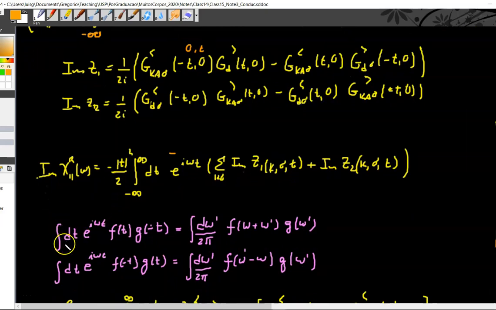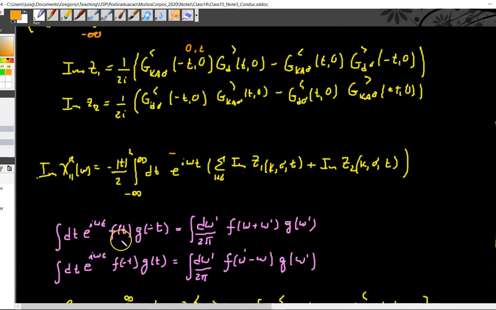If I have the integral over dt e to the i omega t of two functions, f of t and g of minus t, this can be written as an integral over d omega prime over 2 pi of, say, the Fourier transform of g of omega prime times f of omega plus omega prime, where this omega is this one. This you can prove by inserting, say, a delta function here and taking the Fourier transforms.